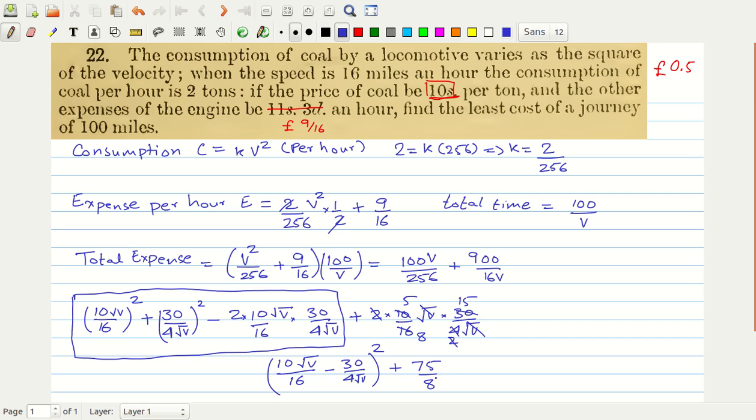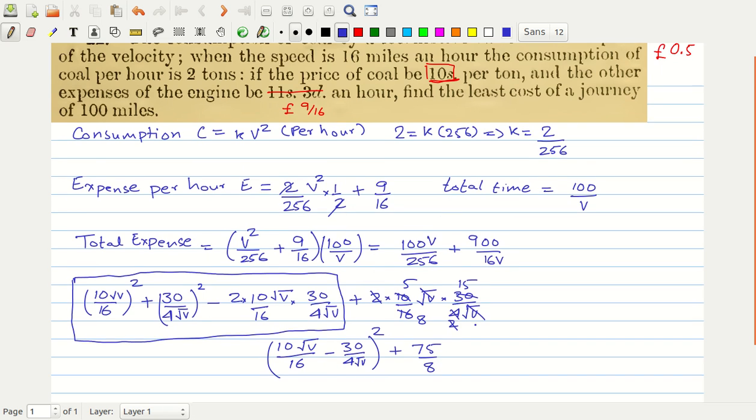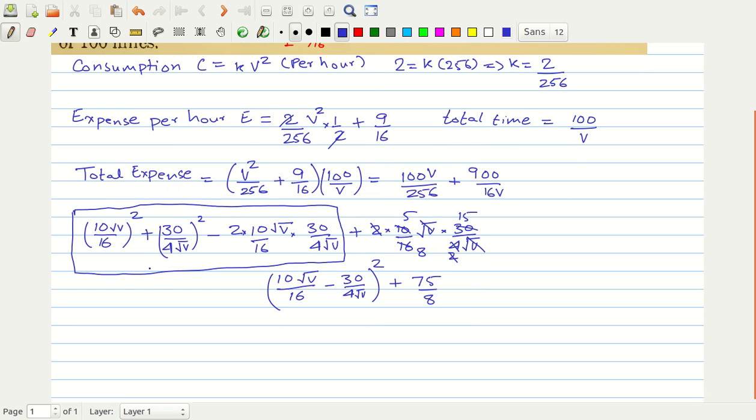Correct? I hope I have done everything correct. Yes. So this is the total expense.